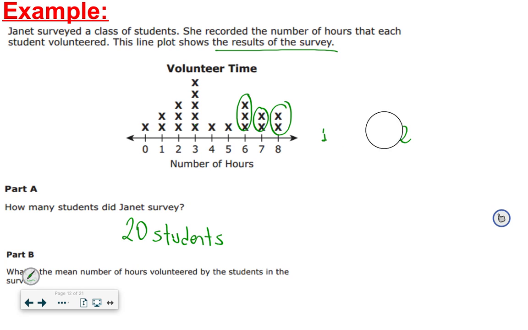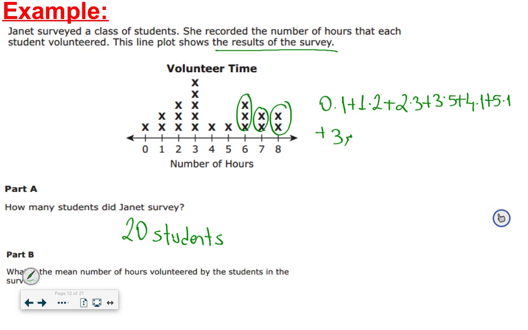To find the mean, we are going to use this: 0 times 1, which represents 1 student who worked 0 hours, plus 2 students who worked 1 hour, plus 3 students who worked 2 hours, plus 5 students, plus 1 student who worked 4 hours, 1 student who worked 5 hours, plus 3 students who worked 6 hours, and 2 students for 7 hours, and 2 students for 8 hours.